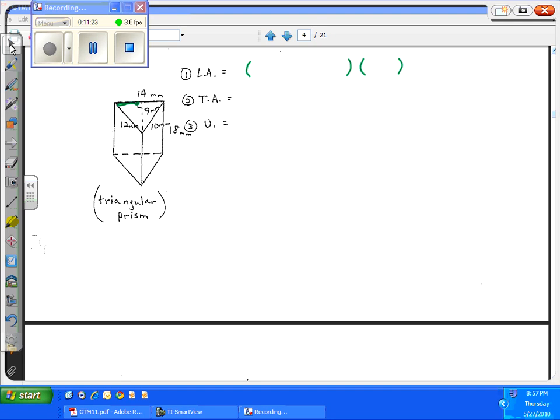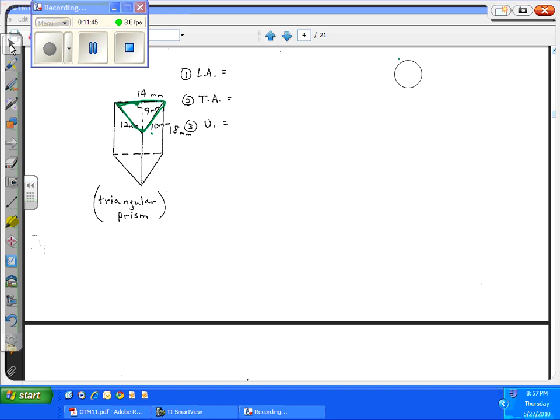The bottom and top are congruent. The perimeter is the sum of the sides: 14 plus 10 plus 12. The 9 is the height of the triangle, the dotted line. So 14 millimeters plus 10 millimeters plus 12 millimeters.